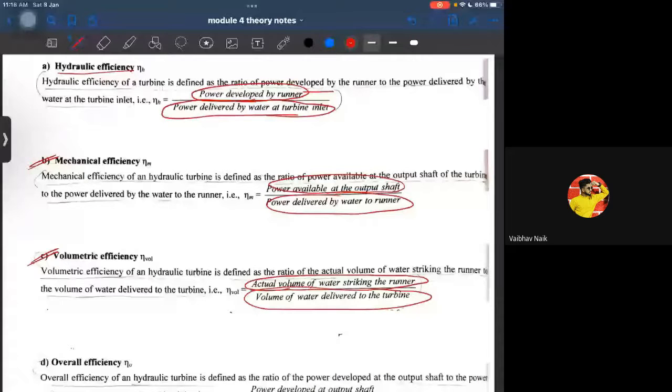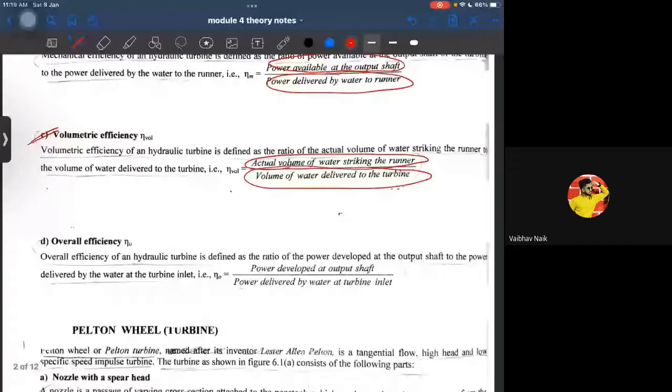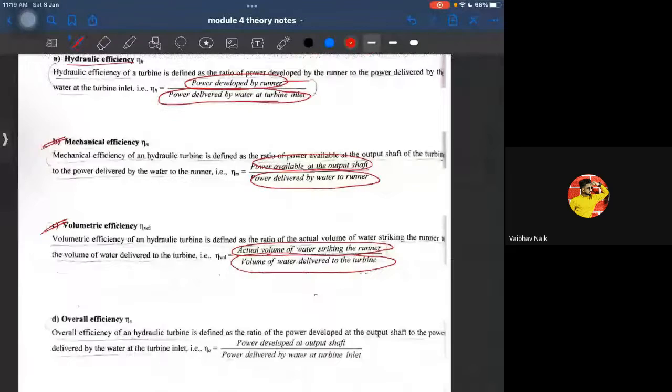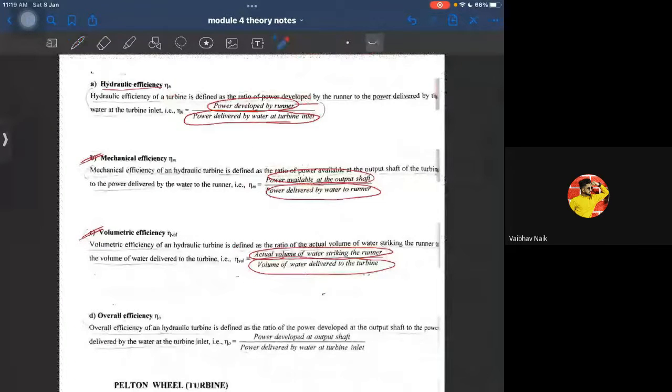So what is overall efficiency? Overall efficiency, you can find out by multiplying the hydraulic efficiency, mechanical efficiency and volumetric efficiency. If you multiply all these three efficiencies, you will get overall efficiency.